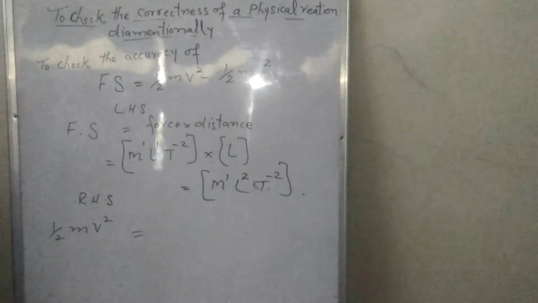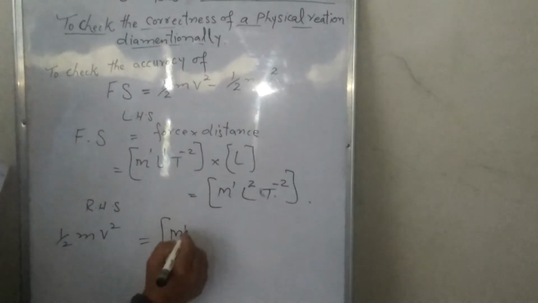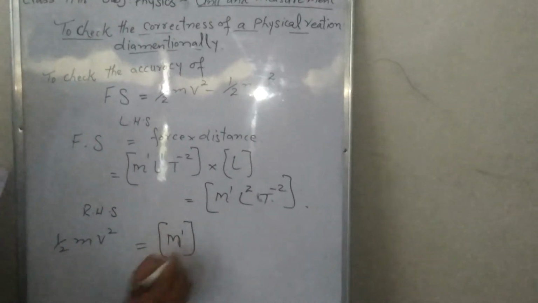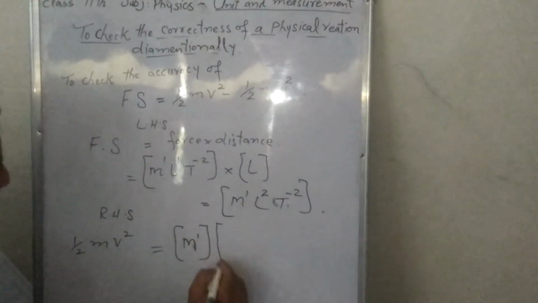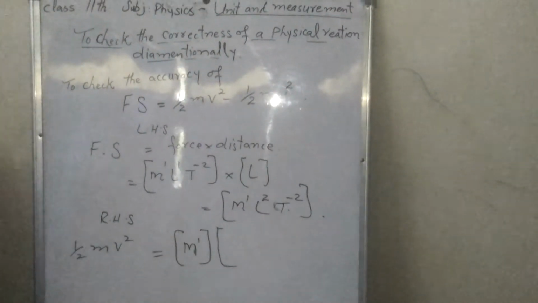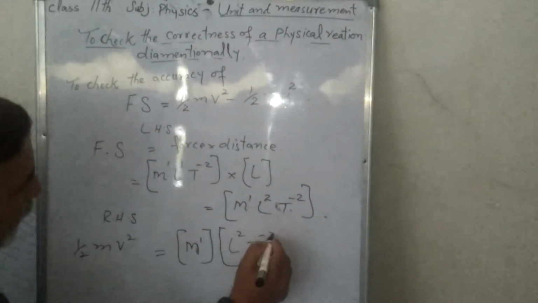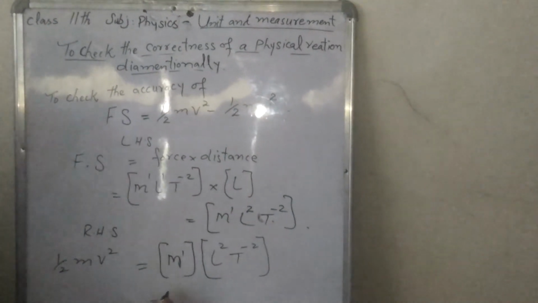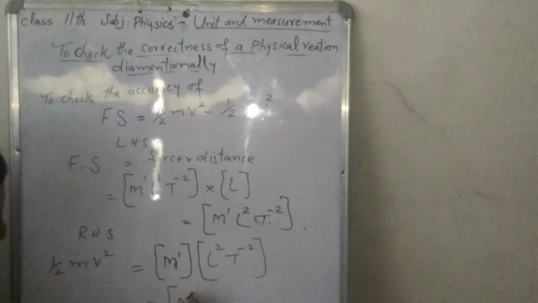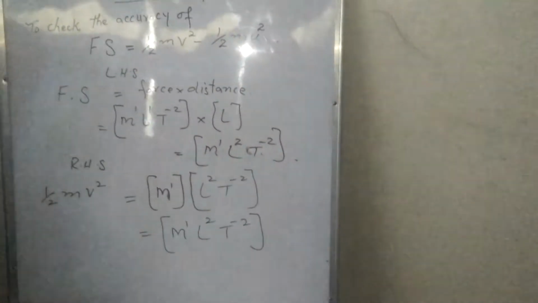The dimensional formula of mass is M raised power 1, and the dimensions of velocity, as we have discussed earlier, are L T raised power minus 1. Then the dimensions of mv square become M1 L2 T minus 2.